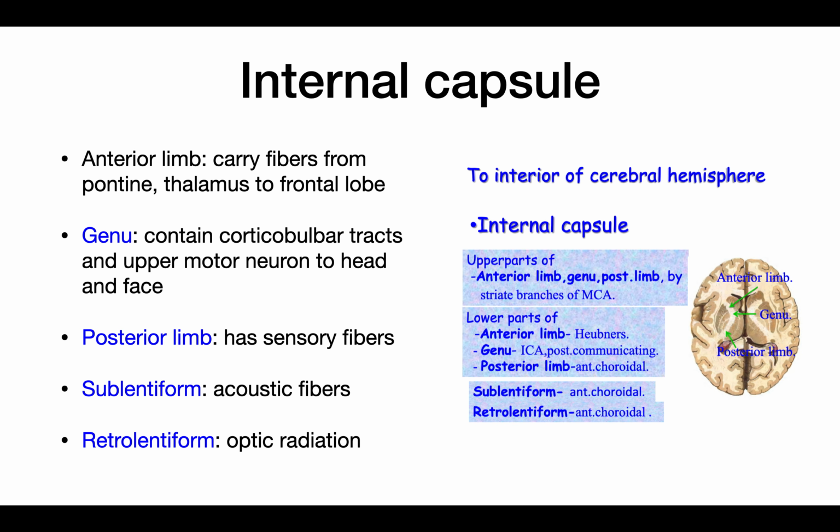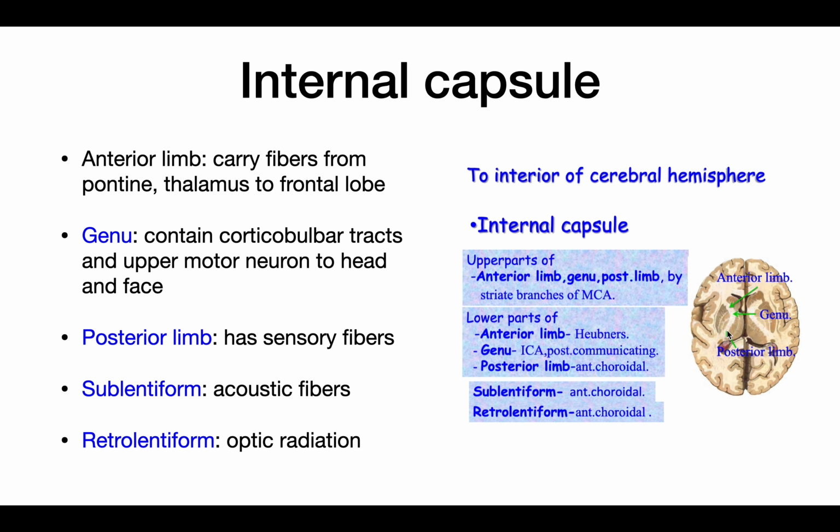The internal capsule is going to be made out of the anterior limb, the genu, and the posterior limb, and all of that is going to be supplied by the middle cerebral artery. Lower parts are going to be supplied by Heubner's artery. The genu is going to be supplied by the internal carotid artery, along with the posterior communicating artery.